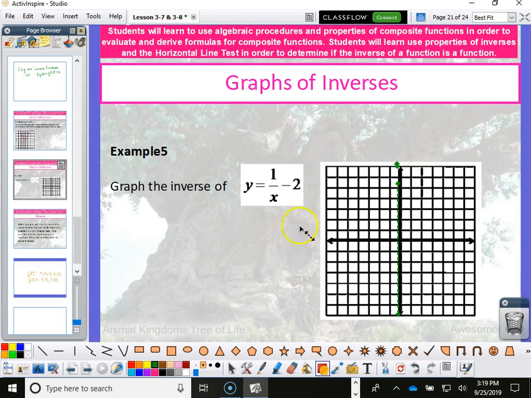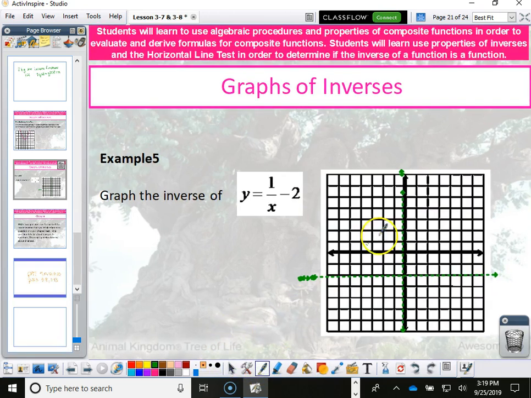And we're going to have a horizontal asymptote at -2. Okay? So when we graph our function, we know our function is going to look a little something like this, because we know that that is the inverse variation function, and that's what it looks like.